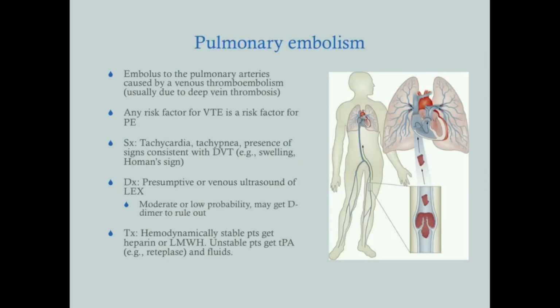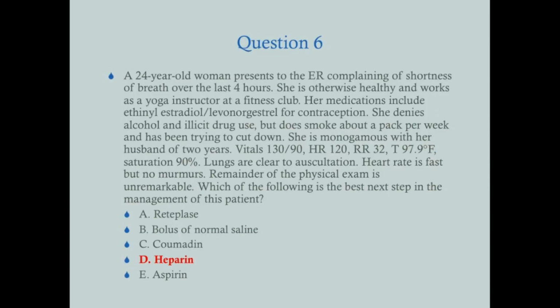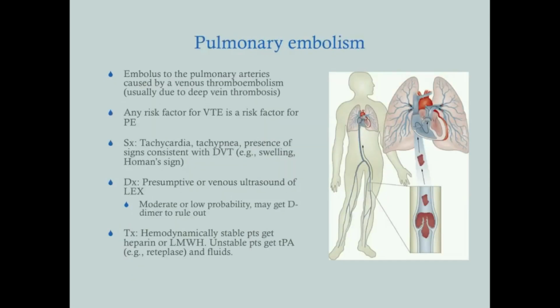So pulmonary embolism, we already kind of talked about what that is. Any risk factor for venous thromboembolism is a risk factor for pulmonary embolism. Anything that can cause DVT can cause PE, because PE typically comes from DVT. The symptoms can include tachycardia, which we saw in this patient, I believe, yes, 120. Tachypnea, which we did see in this patient.